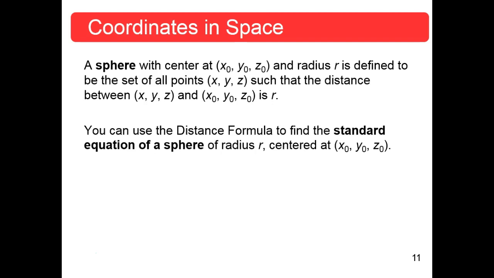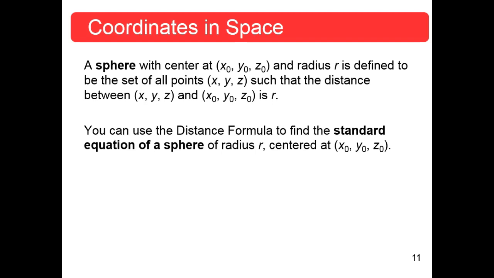Now, a sphere with a center at x0, y0, z0, somewhere out here, okay? Radius r is defined to be the set of all points x, y, z such that the distance between x, y, z and the center x0, y0, z0 is r.